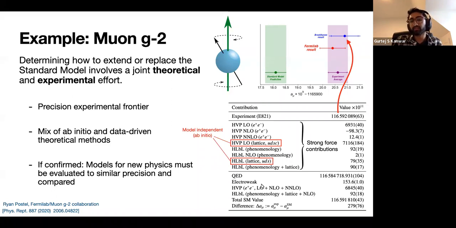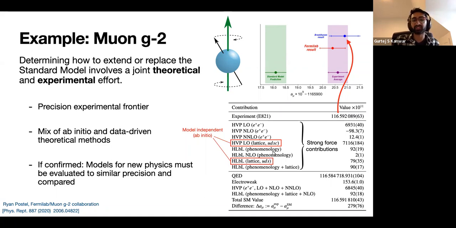And these require some accounting for the strong force, which, as a quantum field theory with strong couplings at the energy ranges required, involves fundamentally non-perturbative theoretical techniques, some of which may be ab initio, for example, the use of the lattice, which directly goes from our theory of the strong force, QCD, to these predictions.